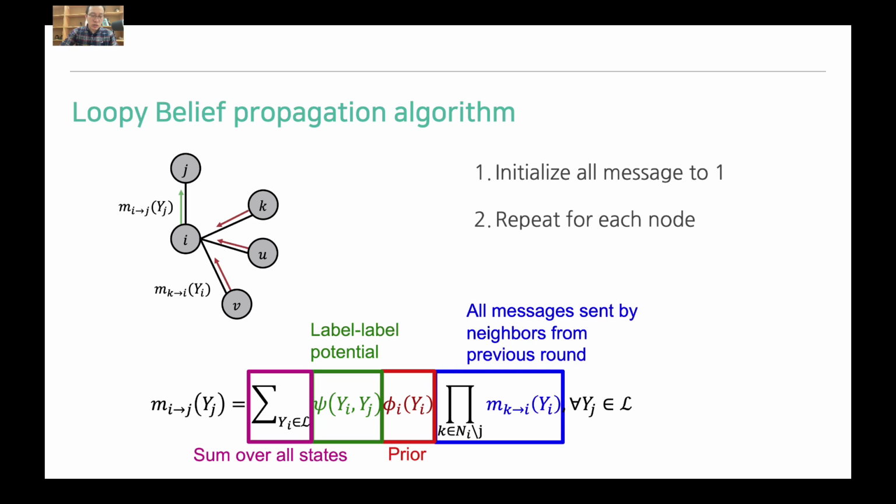So we try to generalize the message passing. In this case, we utilize m i to j. The green arrow sends a message from i to j. To compute the message, we sum over all the states, which means the possible labels, right?